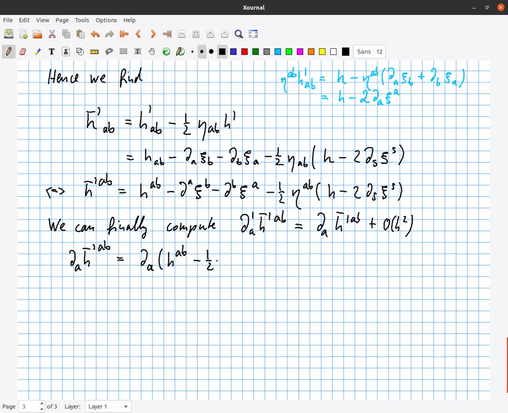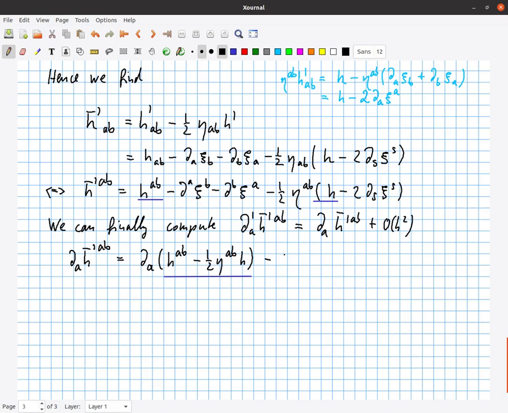Here is my minus a half eta^AB h. Let me highlight this in blue. It's this term here and that one. All the other terms I don't do much with, I just add the partial derivative here.